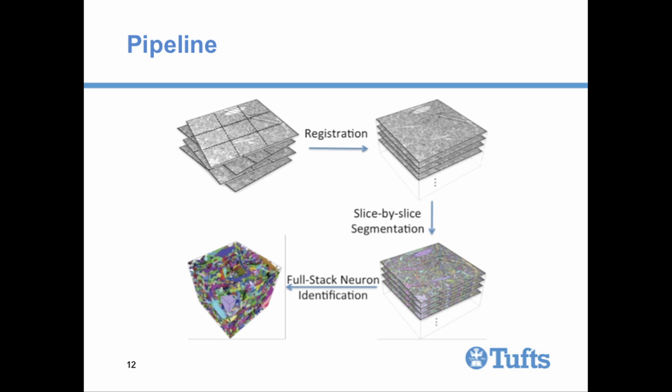Then we do slice-by-slice segmentation, so that on every slice we try to identify regions that are interesting, and then somehow we connect regions that look good from one slice to the other. This is a harder problem than I'm giving it credit for. In the end, you get something that looks like this: a visualization of all the neurons in the corresponding data stack. I think it's generally regarded as a pretty good representation.